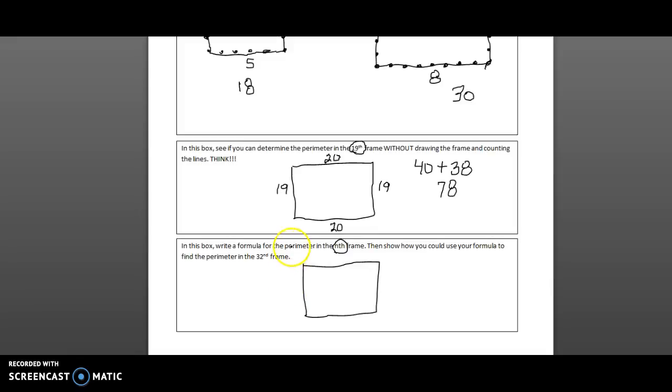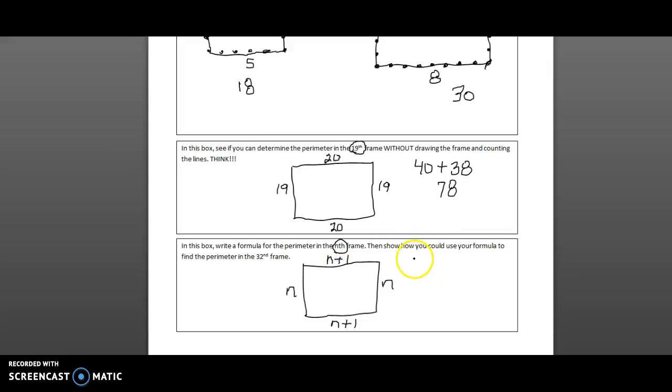So I learned so far that the length of the vertical sides is exactly that of the frame. So if I'm on the nth frame, the length of my vertical sides is n. And I've learned that my horizontal sides is exactly one more than my frame number. So that makes it n plus 1.